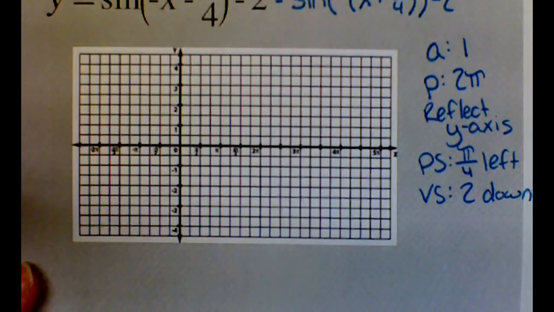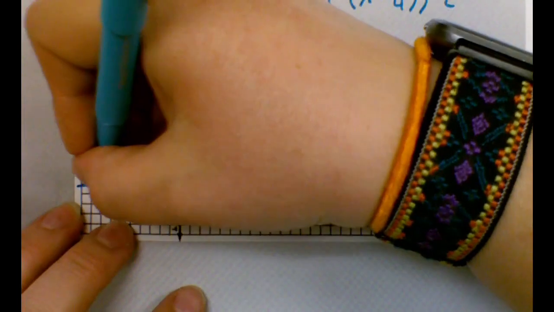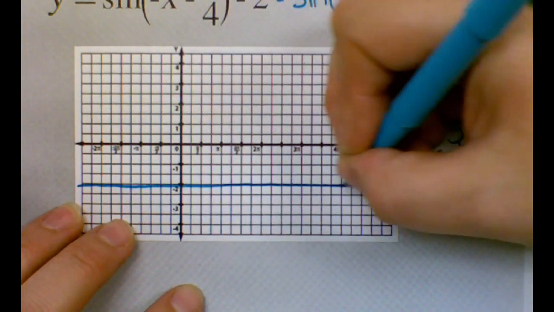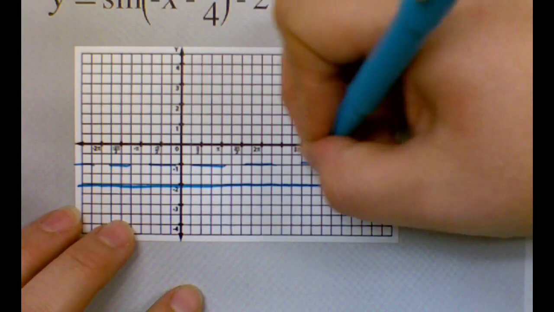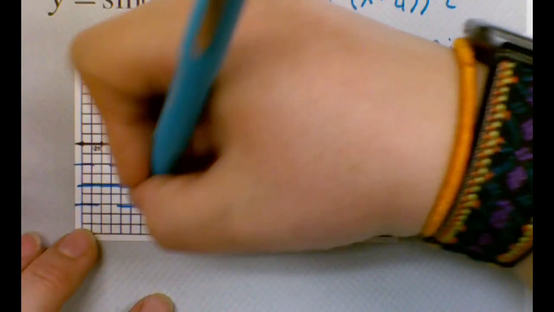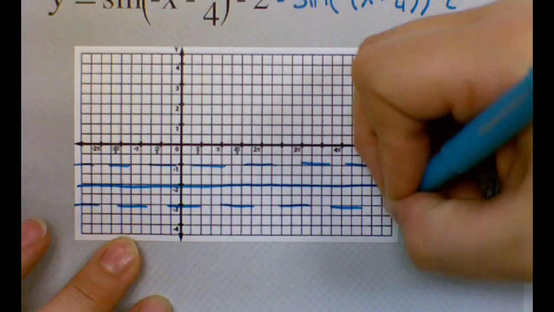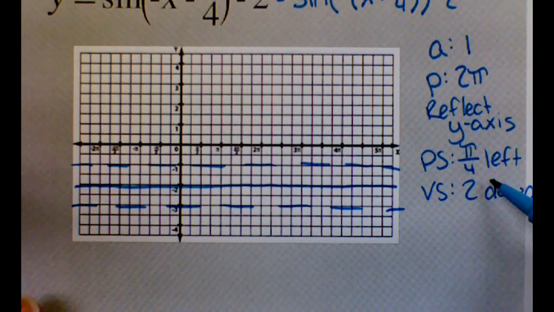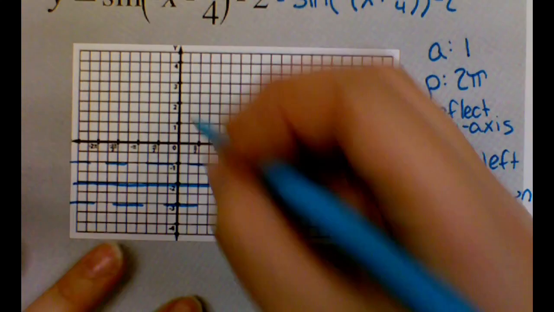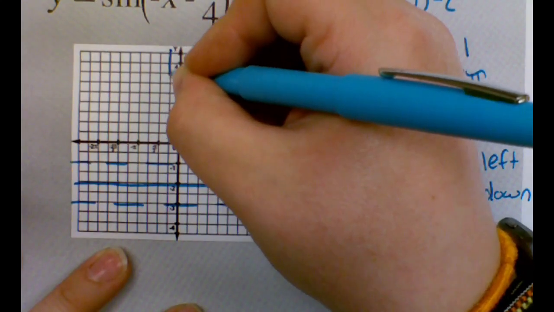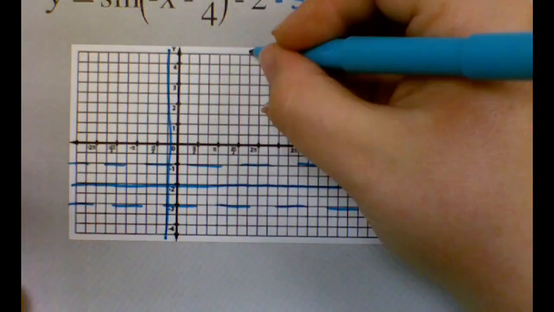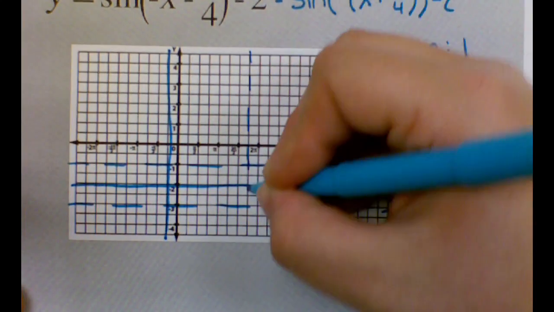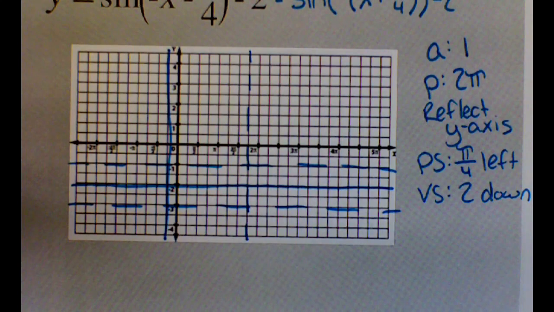All right, so vertical shift first, 2 down. Amplitude is 1, so I go 1 above that and 1 below. My phase shift is pi over 4 to the left. My period is 2 pi, so one of them would have gone right here, but then I reflect everything over the y-axis.